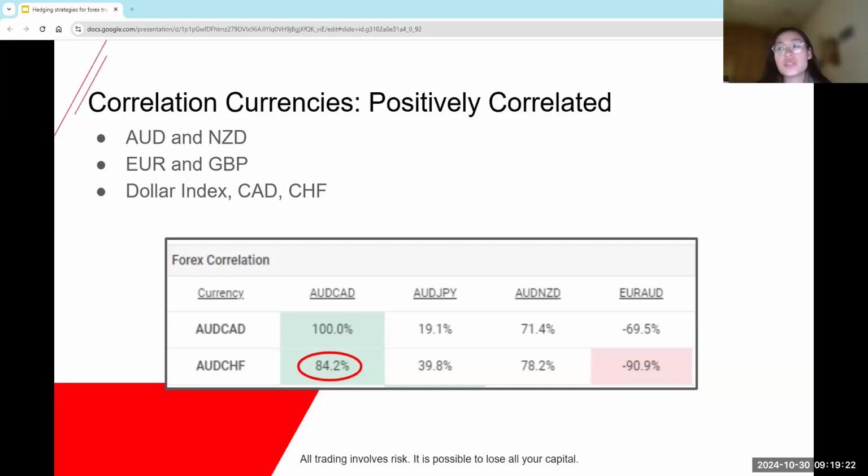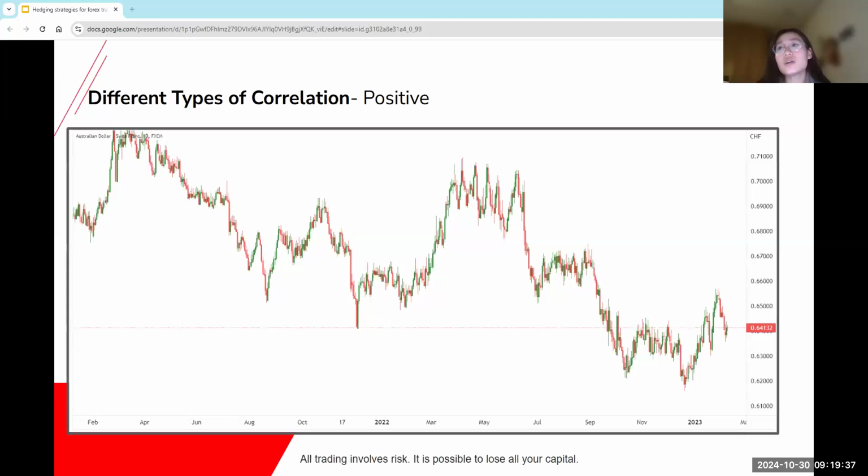Okay, because remember we said we only consider it to be positively correlated if it's above 80, and negatively correlated if it's minus 80 or below. So here, this is a chart of the Aus franc price chart.